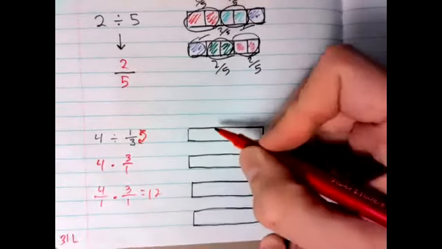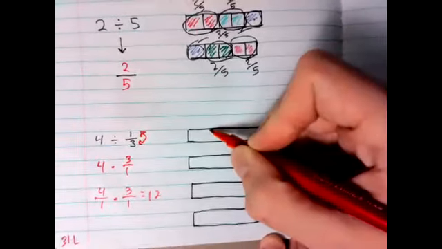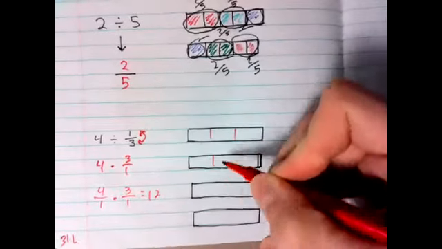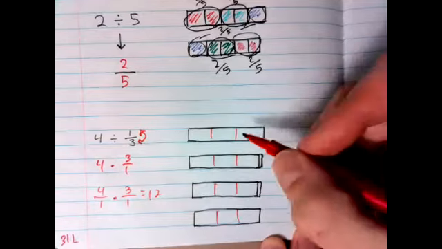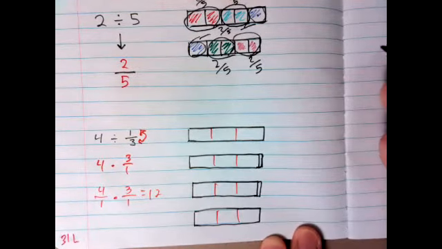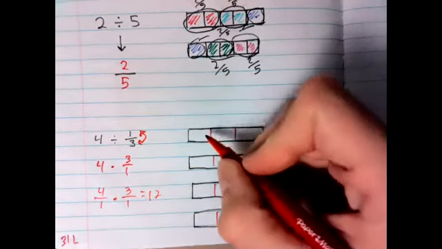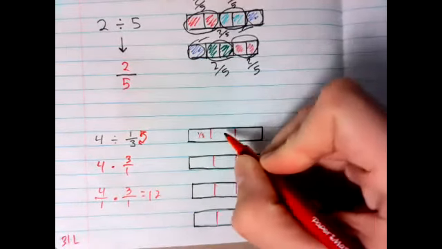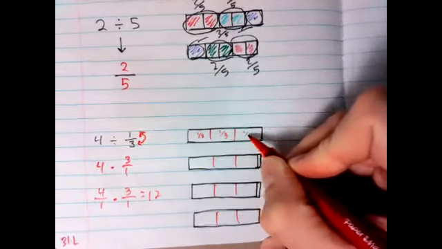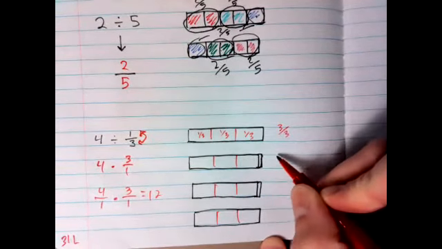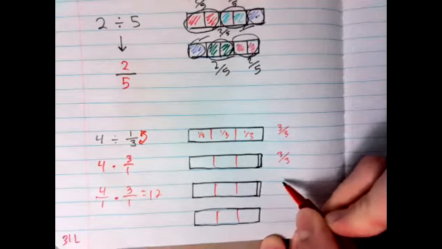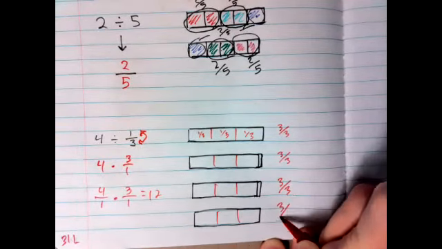So I have 4 things. I'm cutting it into thirds. So each one of these will be third, third, third. So how many thirds do I have? Total I have 3 thirds. This will also be 3 thirds, 3 thirds, 3 thirds.